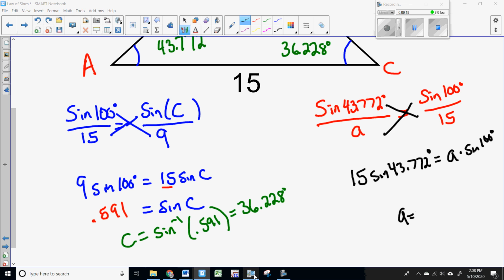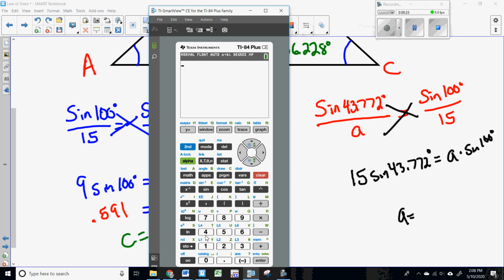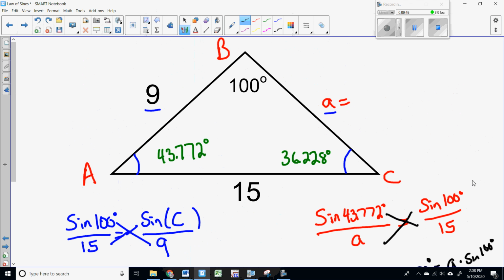So I take 15 times sine of 43.772, and then I'm going to divide by the sine of 100 to get what A is. And I get 10.537. And now I have found all my sides and all of my angles.